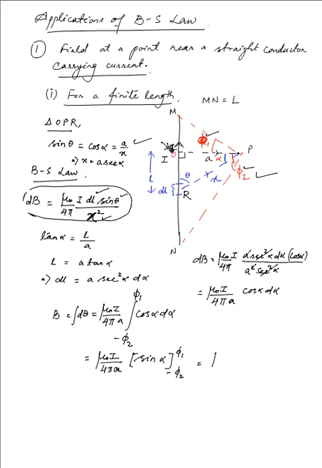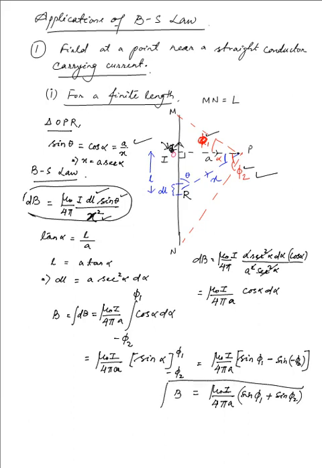And this will be mu naught I by 4 pi a, sine phi 1, upper limit, minus the lower limit, sine minus phi 2. As you know, sine is an odd function, so this is mu naught I divided by 4 pi a, sine phi 1 plus sine phi 2, which is the magnitude of B.